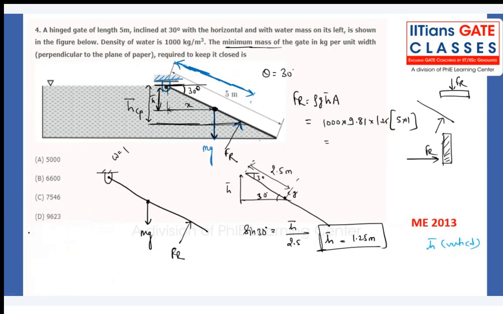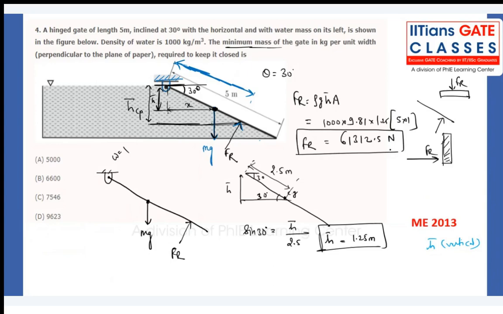Resultant hydrostatic force, 61312.5 Newton. Right? That is my resultant force, if I take the width as 1 unit. Please understand each and everything, right?